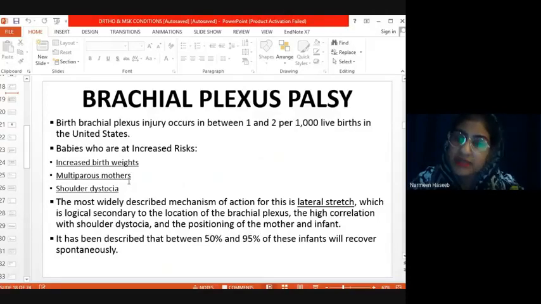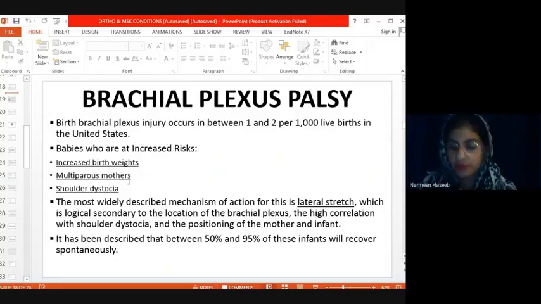The most widely described mechanism of action for this is lateral stretch, which is logically secondary to the location of the brachial plexus. The high correlation with shoulder dystocia and the positioning of the mother and the infant. So you need to know what shoulder dystocia is.